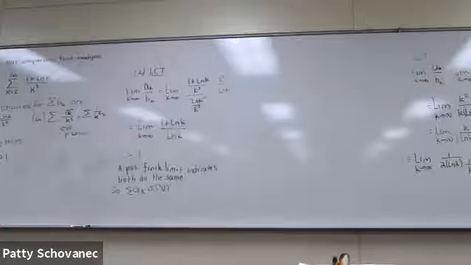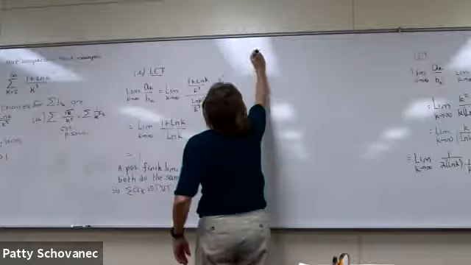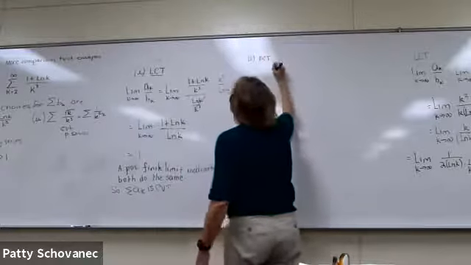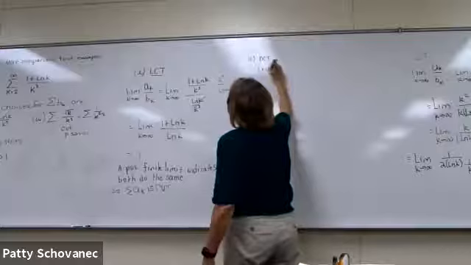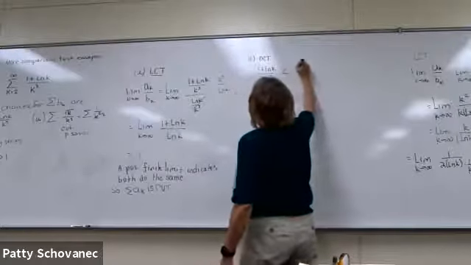Now, I said if we use choice number 2, we can do a direct comparison test. Because we have our aks smaller than our bks.